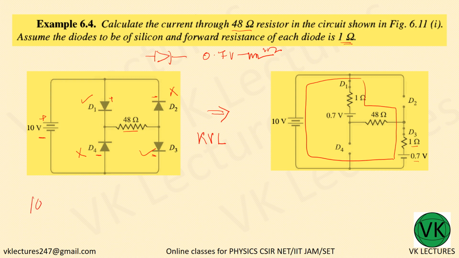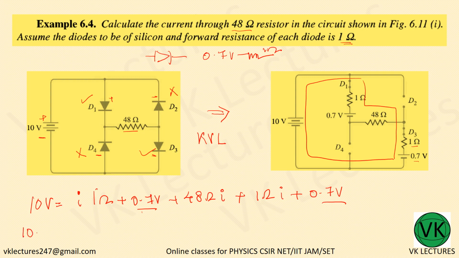So 10 volt is equal to, considering I as the current passing through this circuit, I into 1 ohm plus 0.7, which is the diode voltage, plus 48 ohm into I, plus 1 ohm into I plus 0.7.